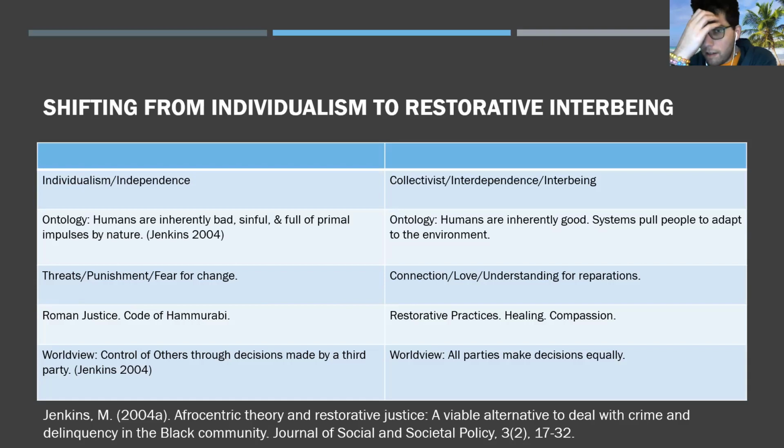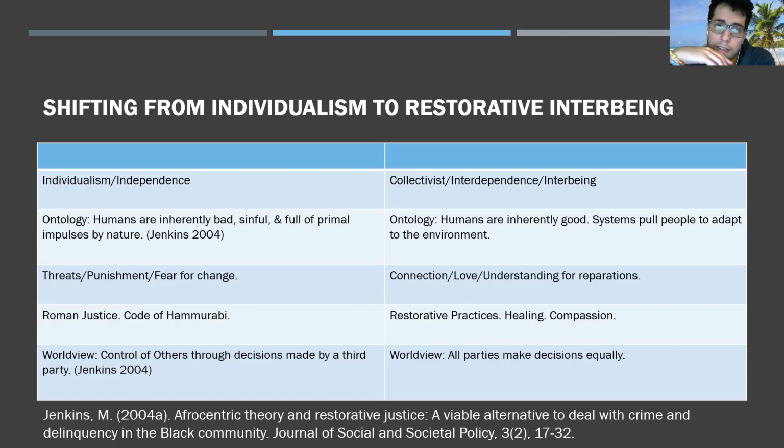So again, that more Roman justice, code of Hammurabi, eye for an eye, way of hurting people that hurt people, as opposed to thinking, how do we engage in restorative practices to have people heal as much as they're able to, and to have reparations in that way, and compassion for one another.